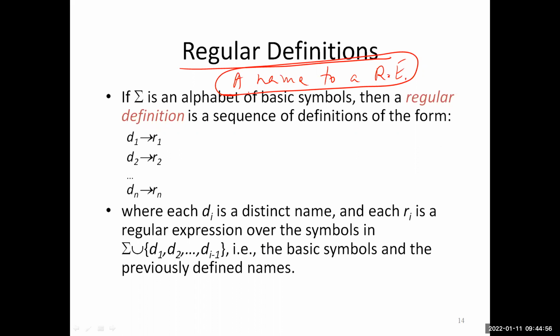Now, if you remember, just now we discussed a regular expression for an identifier: letter followed by (letter or digit) star. Now, what is letter? And what is digit? Tell me, what is the content of letter?